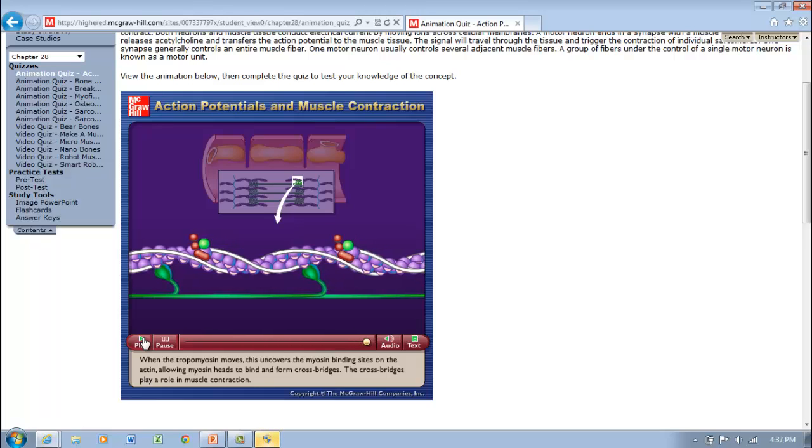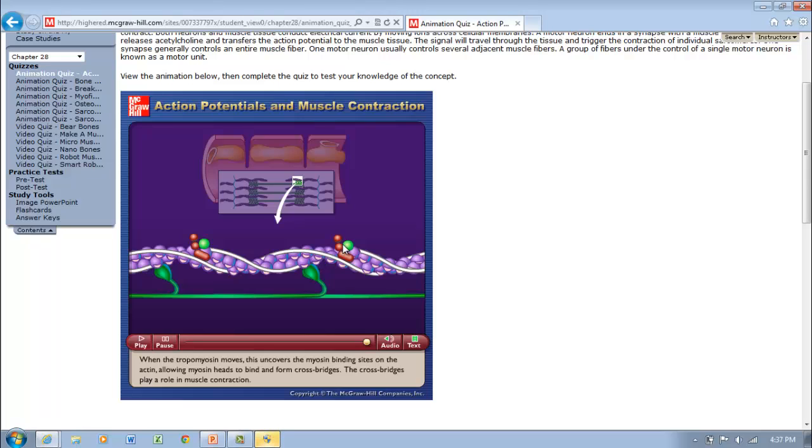So a cross bridge is where myosin binds to actin at the actin binding site. Here we can see it on actin. And recall from the video, the troponin binds to calcium, so the calcium is released from the sarcoplasmic reticulum, binds to this red protein here called troponin, which causes this rope-like structure, tropomyosin, to move out of the way and expose the actin binding sites for myosin.